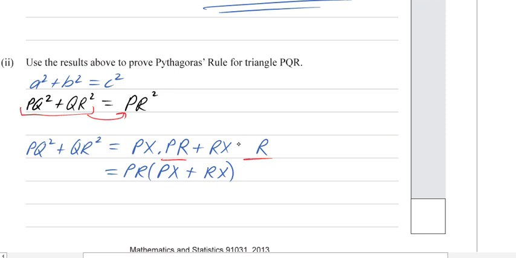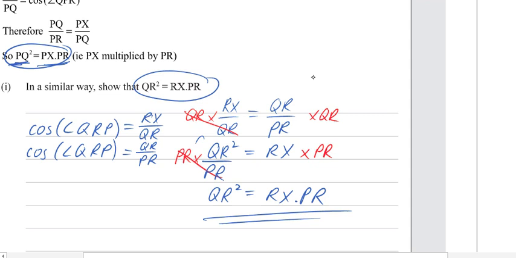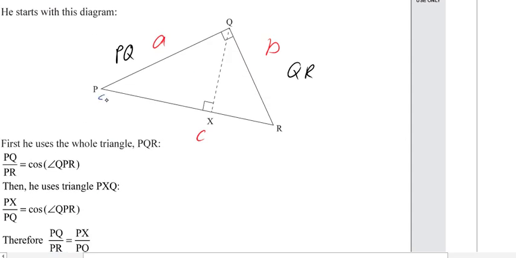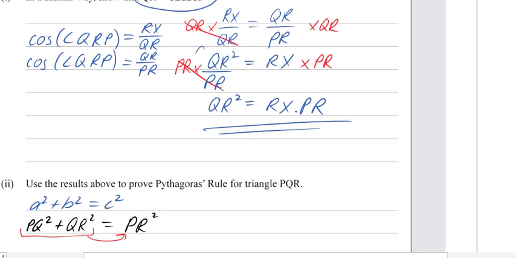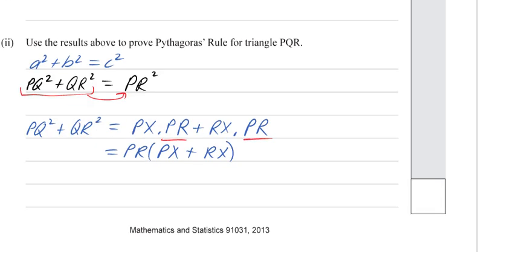It shouldn't be plus there, that should be times, that's why I'm getting confused, times. We'll just go back to our diagram. This is PX and this is RX, so if you add them together you get the same as just PR. So that means that this bit here I can write equals PR.